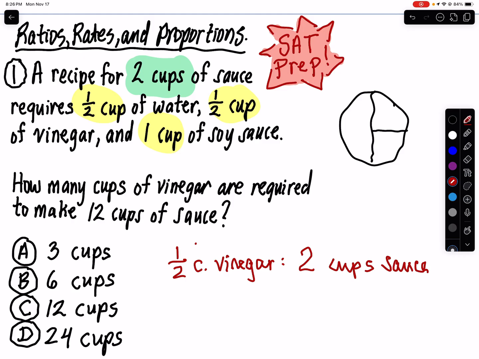Well, in a ratio like this, what it means is we can multiply each side by the same number or divide. So I want to multiply by 2 just for a second to show you what I mean. And you can get another ratio that describes the same scenario, but just uses different numbers.